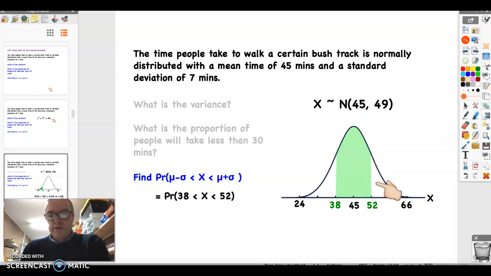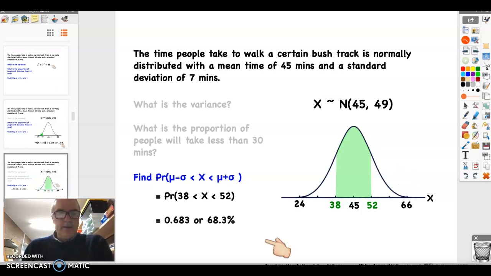I've shaded the diagram on a sketch. Again, we're going to use our normal CDF function with a lower bound of 38 and an upper bound of 52. And that turns out to be 0.683, or 68.3% of people will take greater than 38 minutes and less than 52 minutes.